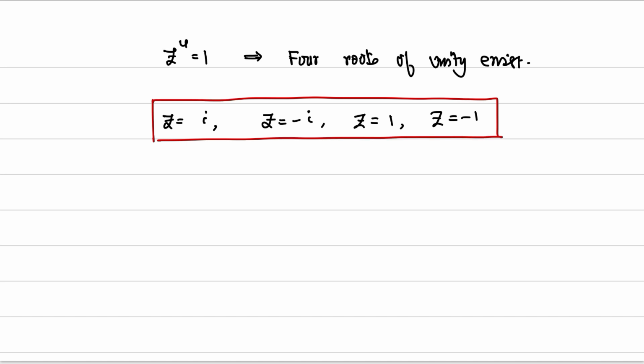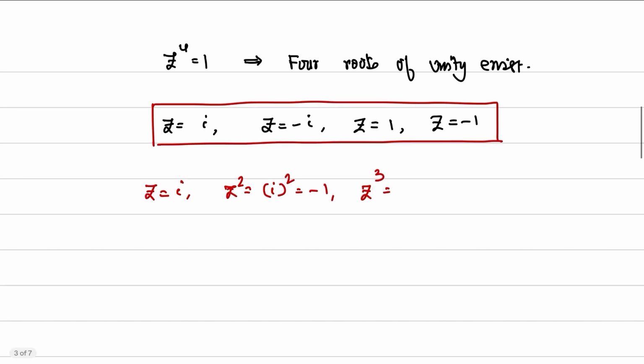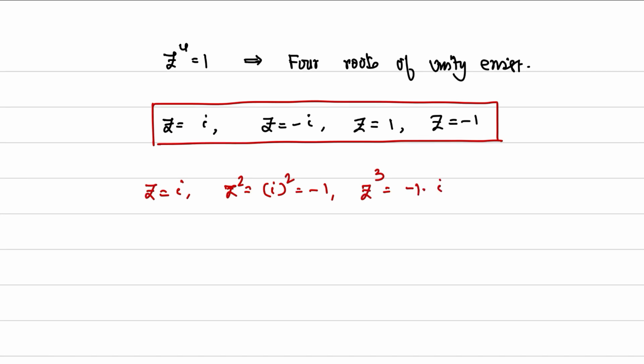Now, if z is equal to i, z square is equal to i square, that is equal to minus 1, z cube is equal to minus 1 into i, that is equal to minus i, z to the power of 4 is equal to minus 1 whole square, that is equal to 1.